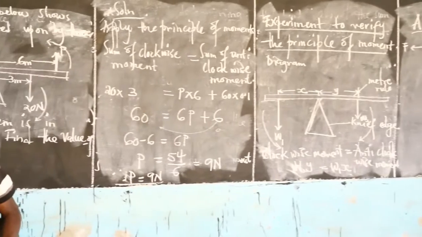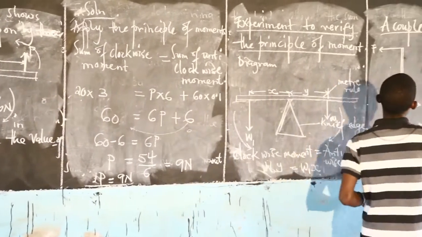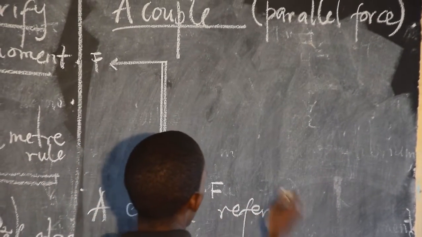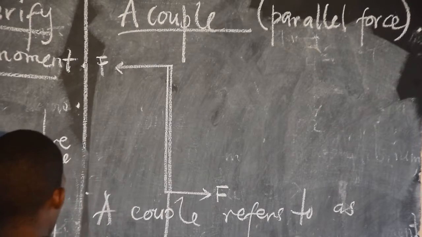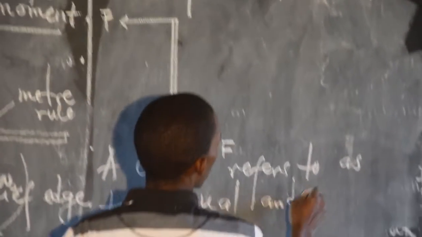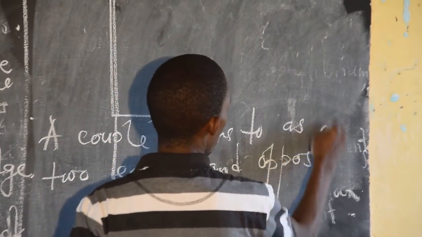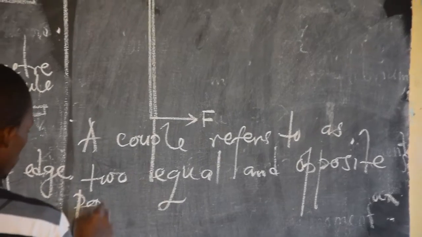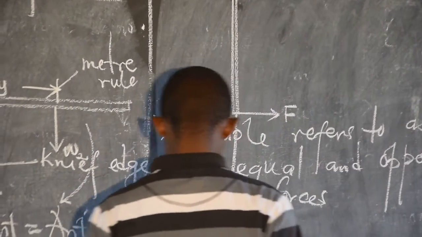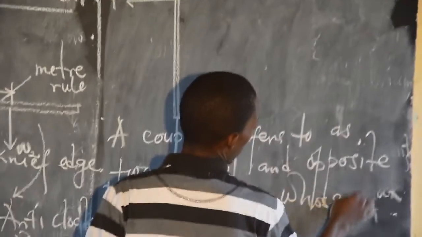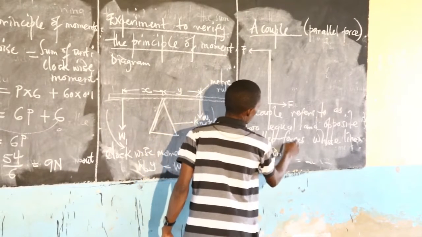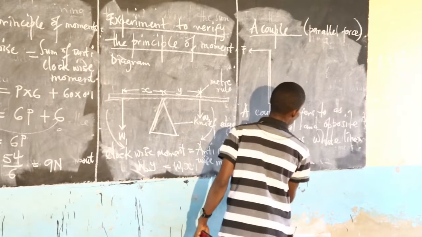Let us have a definition for that. A couple refers to two equal and opposite parallel forces whose line of action do not meet.